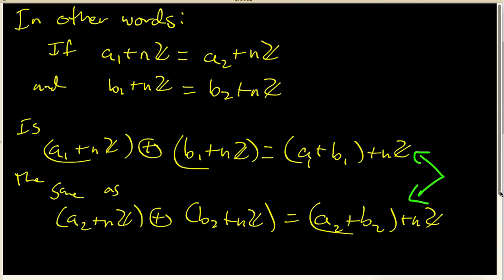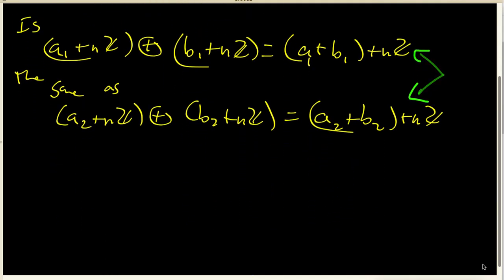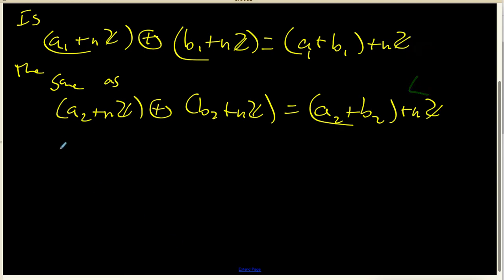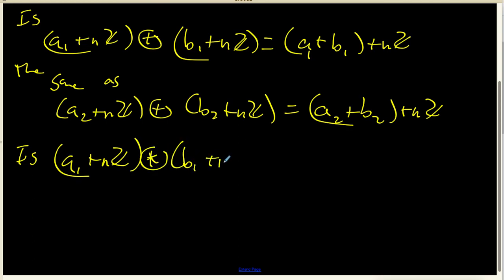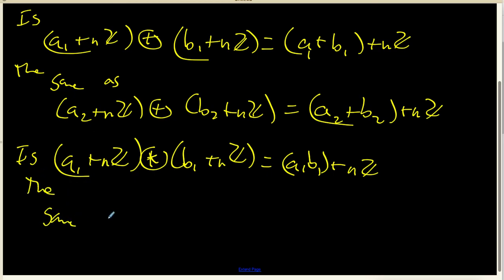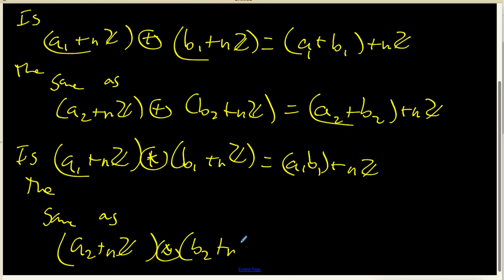And likewise, we ask the same question about multiplication. Is a1 plus nZ times b1 plus nZ, which is defined to be a1 times b1 plus nZ, the same left coset as a2 plus nZ times b2 plus nZ, which would be defined to be a2 times b2 plus nZ?